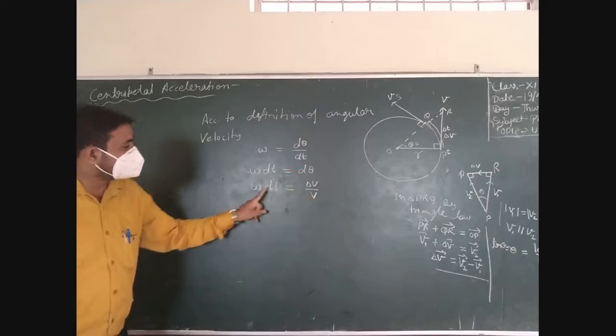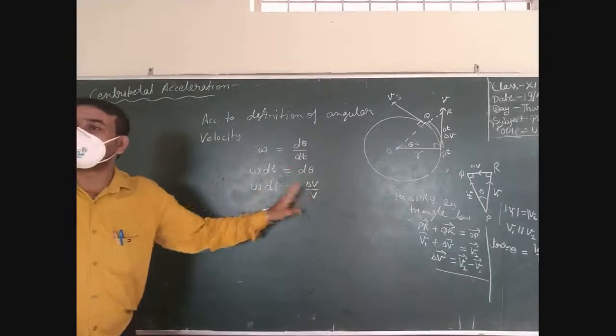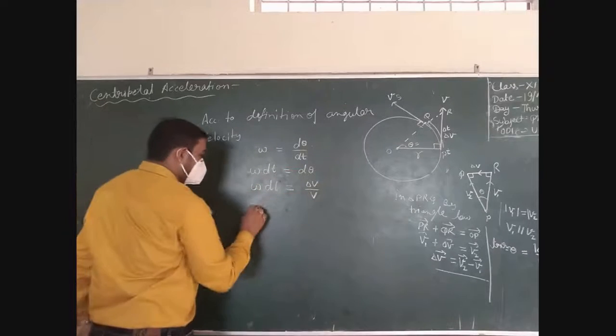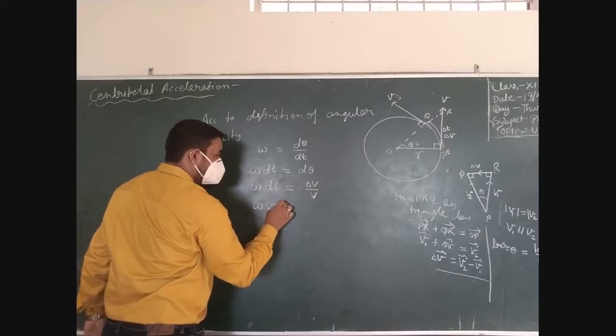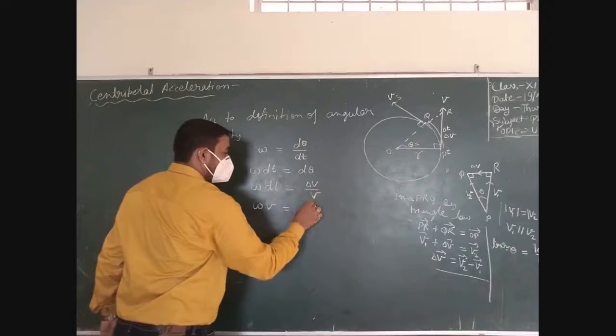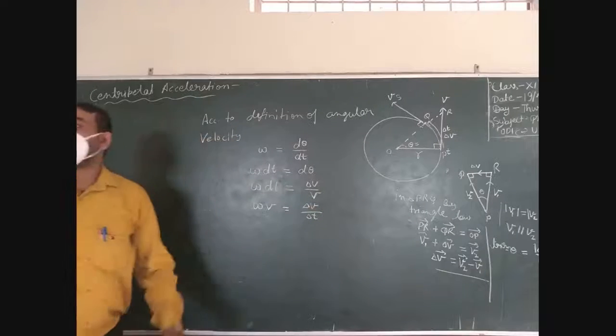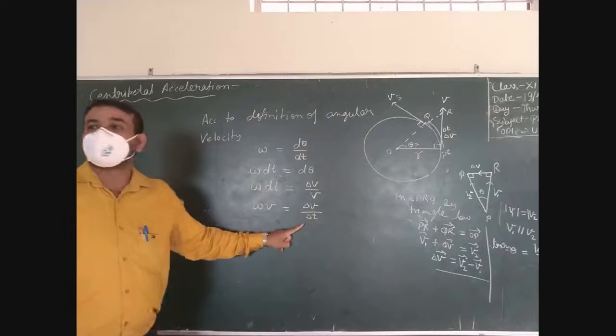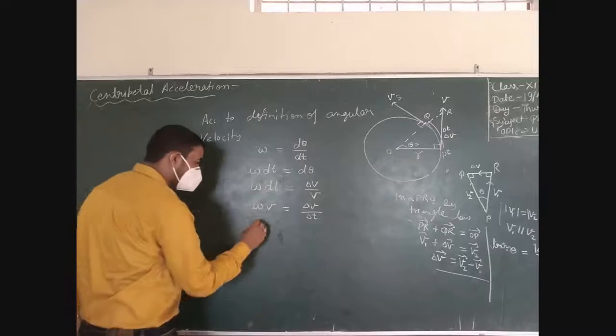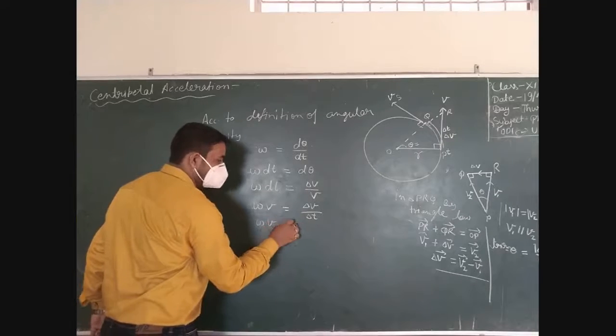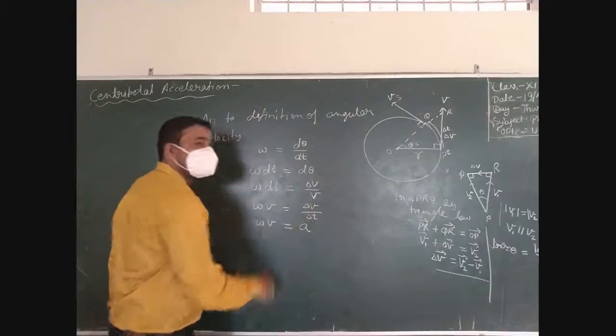Now we multiply by v here and put del t in the denominator of del v. We get omega v is equal to del v over del t. This is the rate of change of linear velocity, so omega v is equal to linear acceleration.